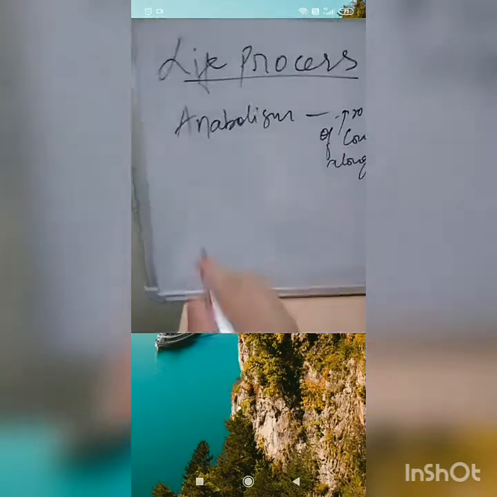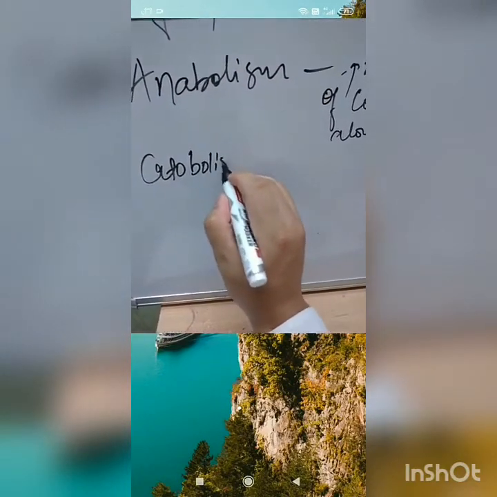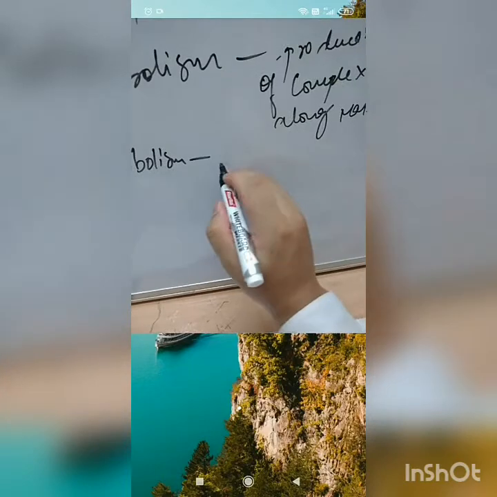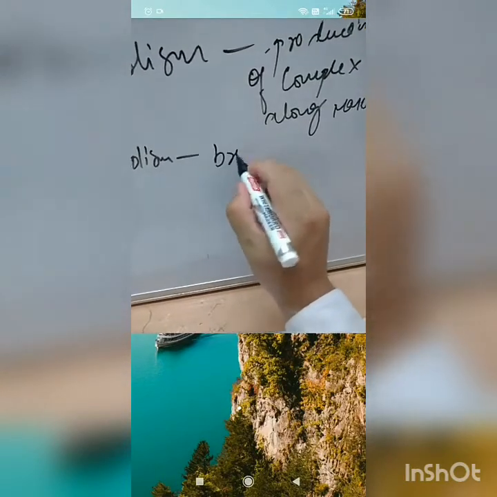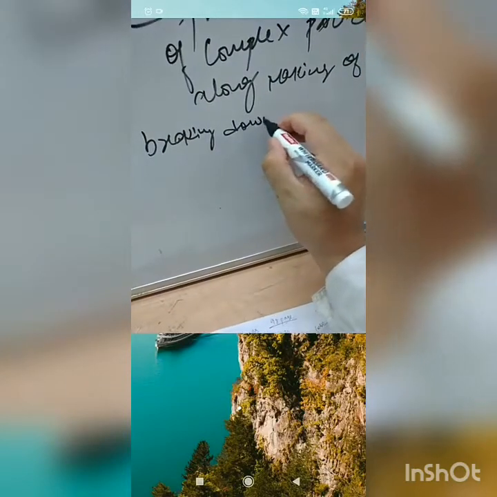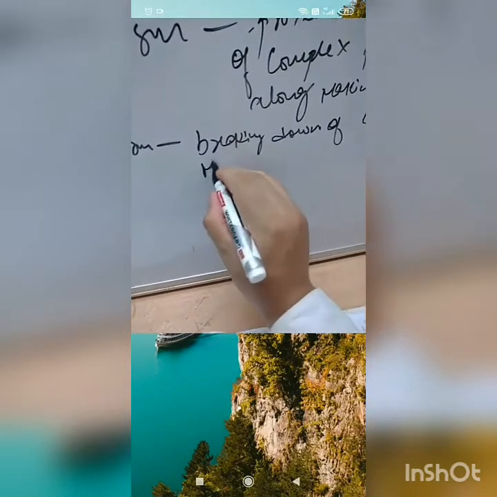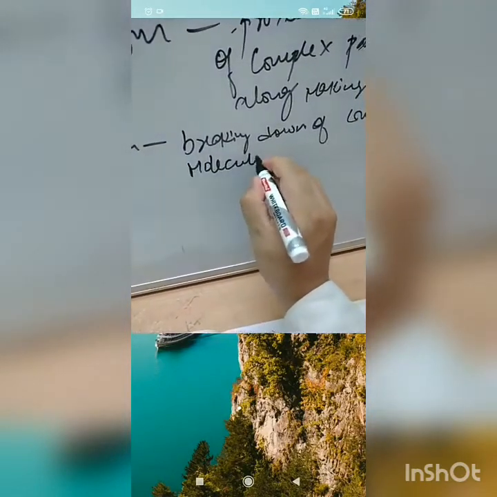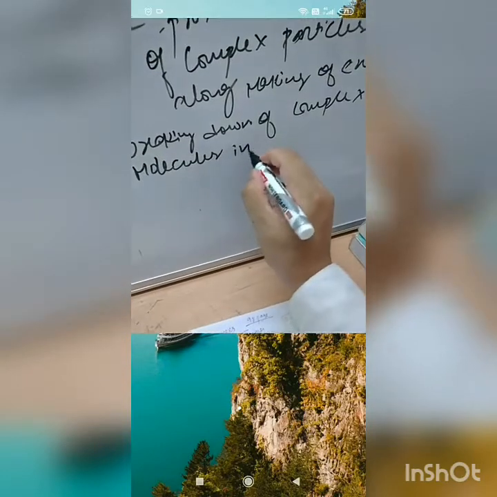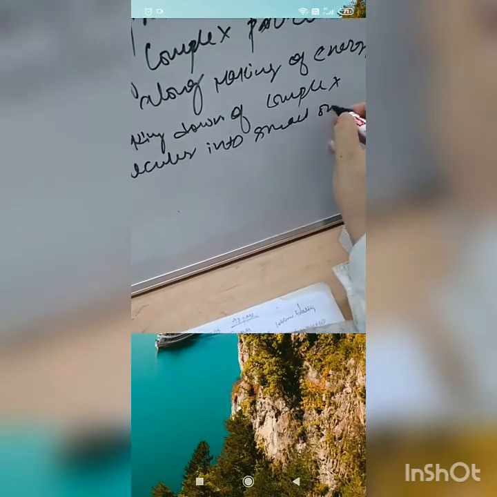Another process, the opposite of anabolism, is catabolism. This process is the breaking down of complex molecules into smaller ones.